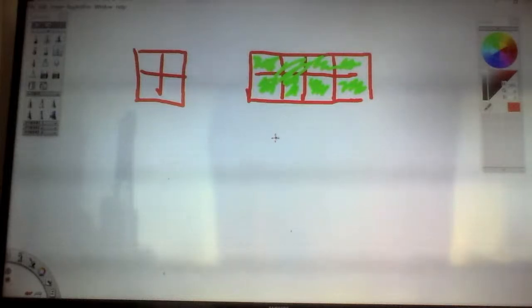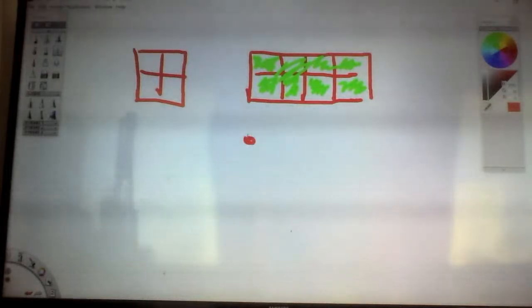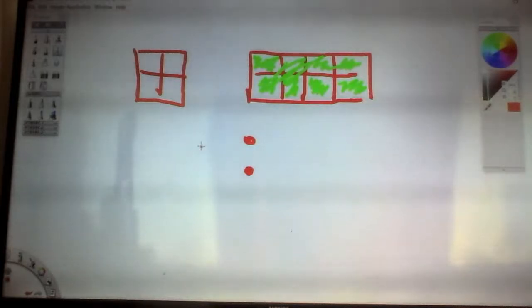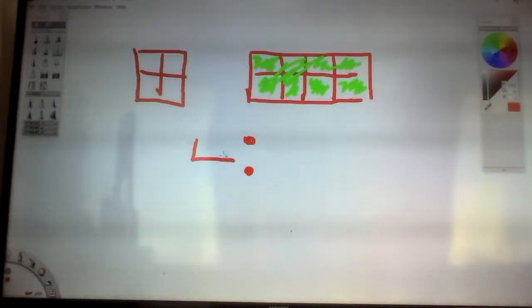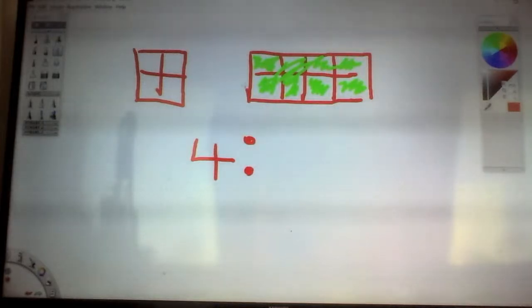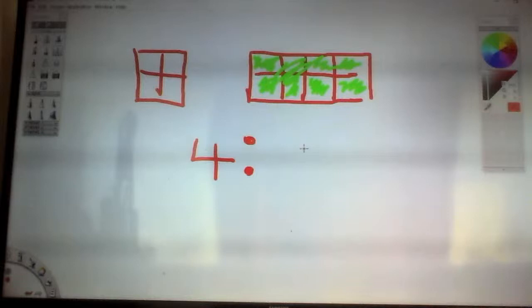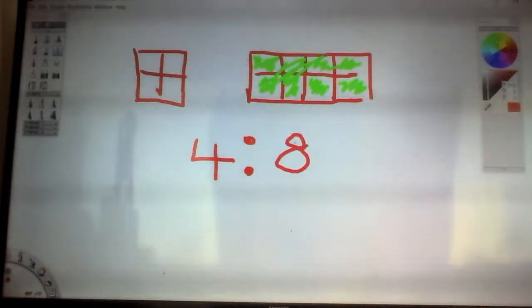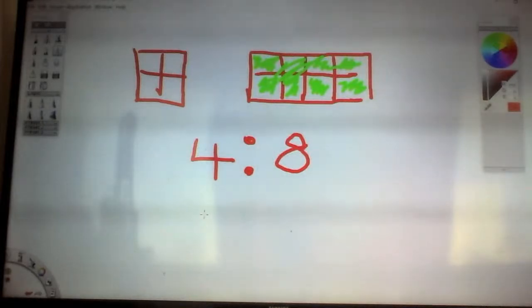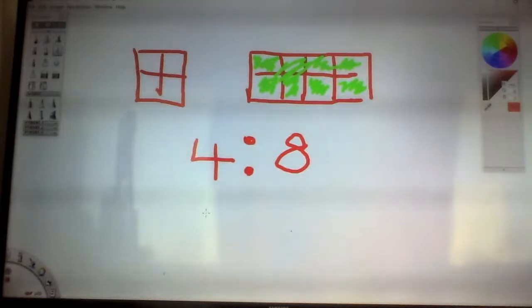So white, remember the wording is important, so we get our 2 dots in number 1. What's the ratio of white? We've got 4: 1, 2, 3, 4. The shaded squares: 1, 2, 3, 4, 5, 6, 7, 8. Simple as that. First question done. Question 2. What is the proportion of the total number of squares shaded?